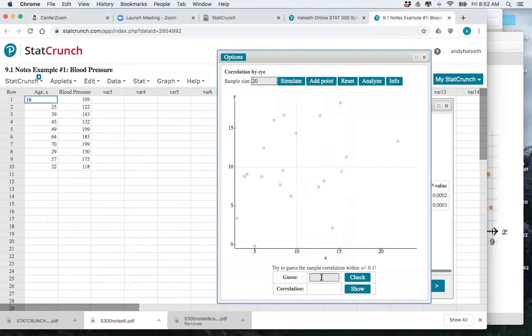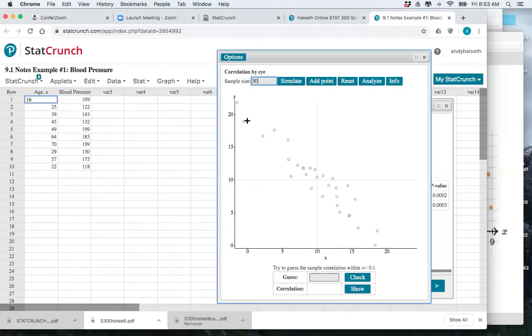Then I can either guess what that correlation coefficient is, or I can just show it. That way I can start to see what an R value looks like compared to its graph. So now I'll just show this one. It's 0.3. And then I can reset, put whatever sample size I want, and hit enter.